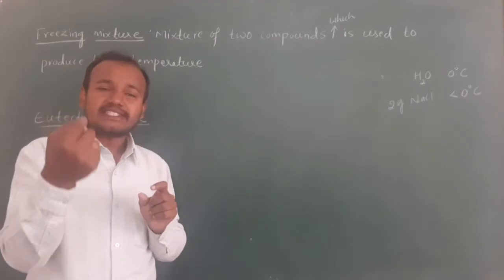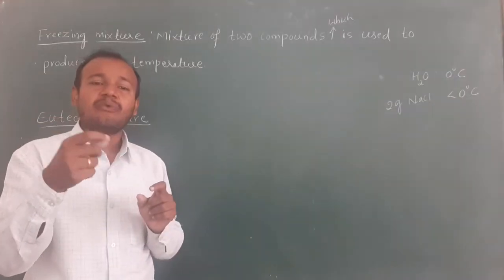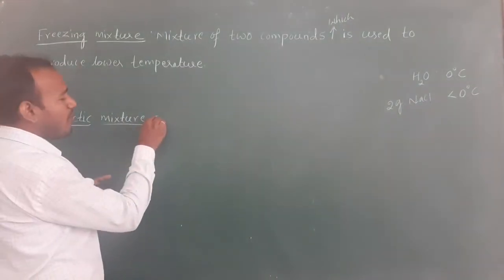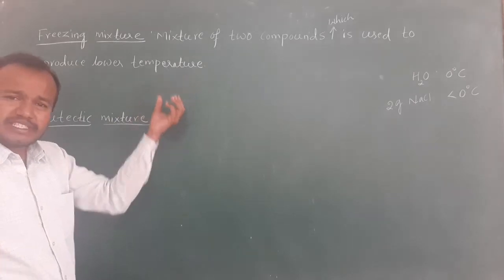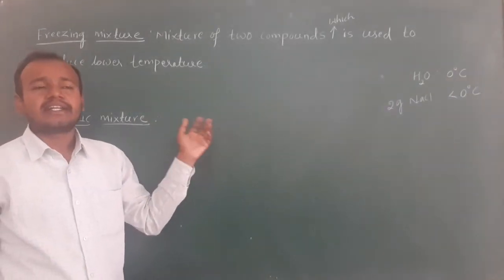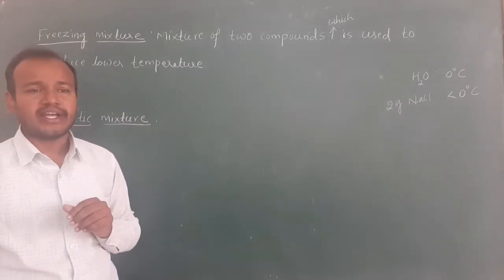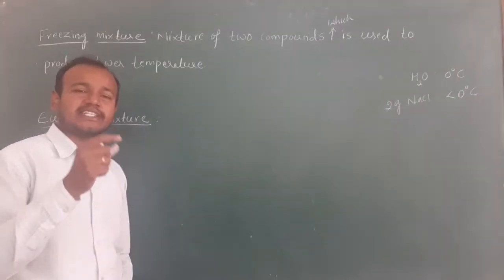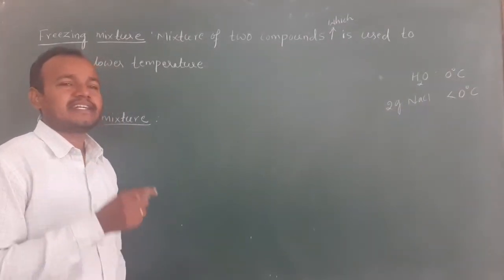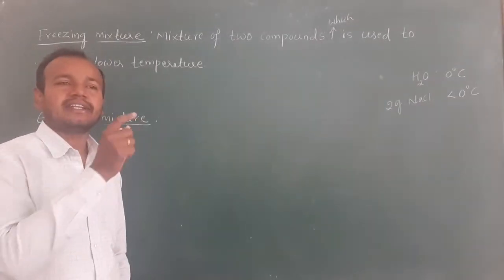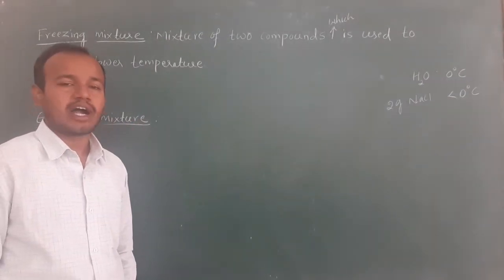When the mixture of two compounds reaches its lowest minimum temperature, then that combination is called a eutectic mixture. It is the lowest minimum temperature attainable by mixing two components, and it is lower than the freezing point of either component.